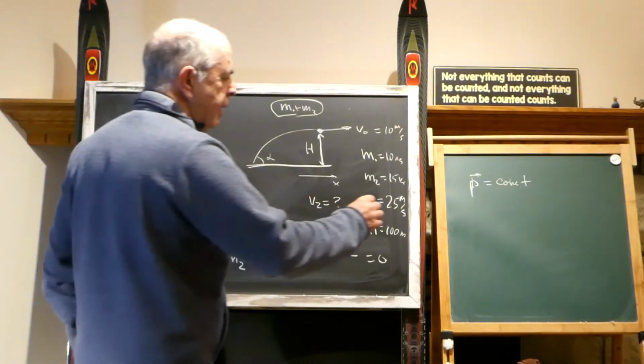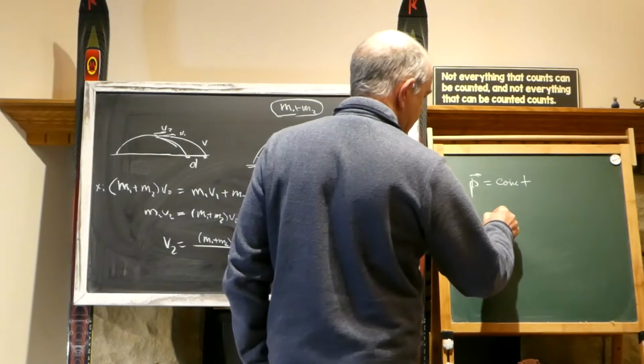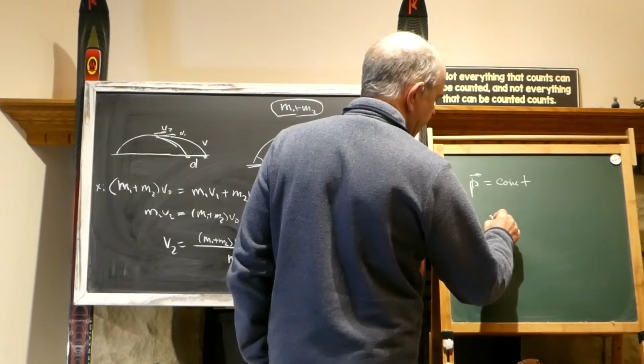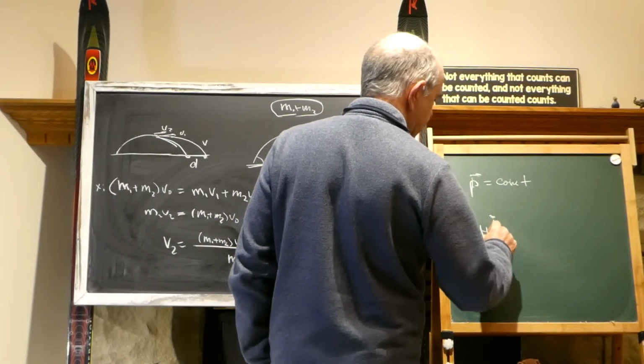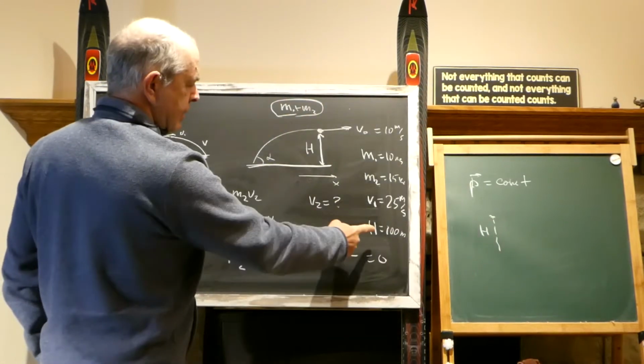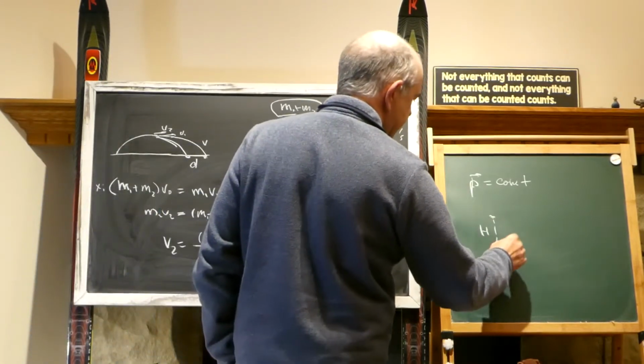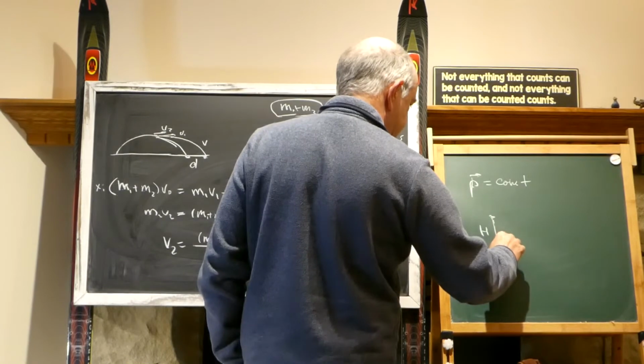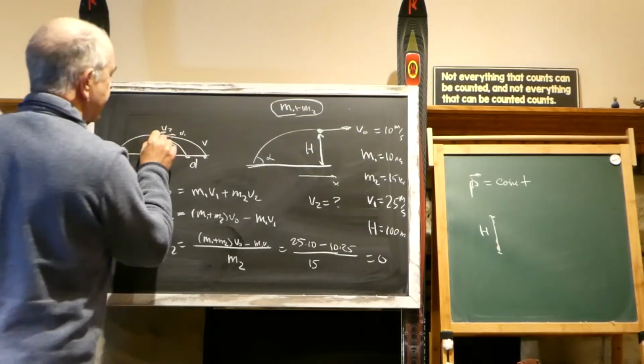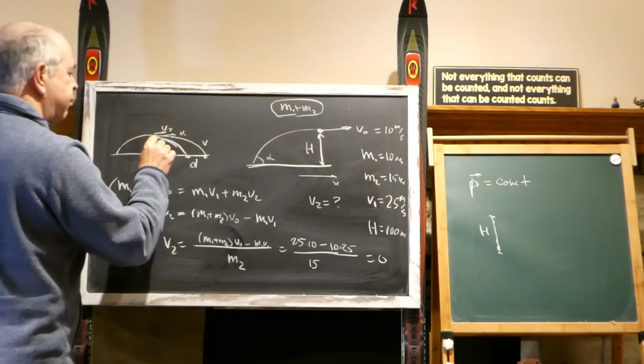And then basically what will happen is that from h, which is 100 meters, the second body will fall straight down.